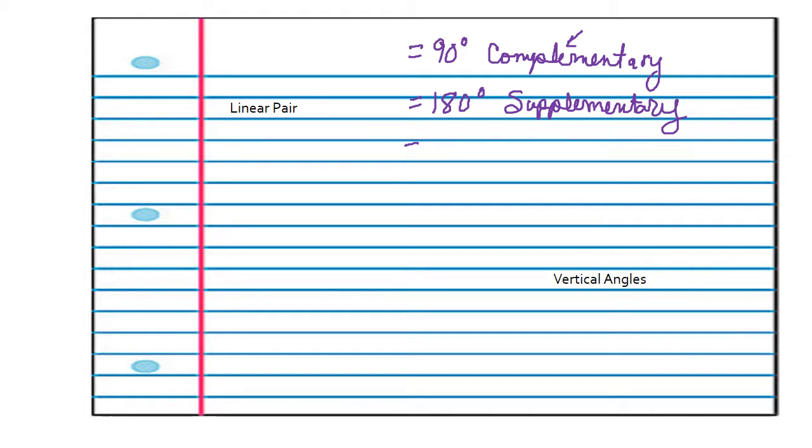We can have a linear pair that when you add them together always equal 180 degrees. And lastly, we can have, my cursor's getting kind of funky there. Let's just get rid of the R and we'll make it right.